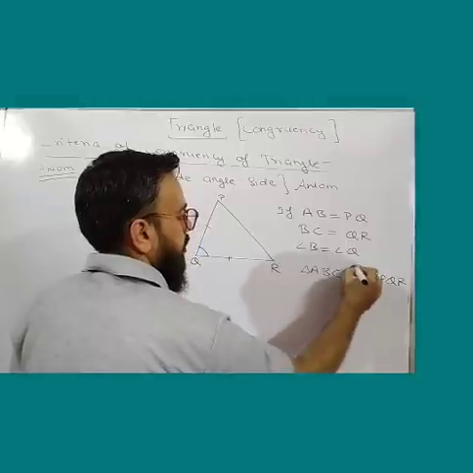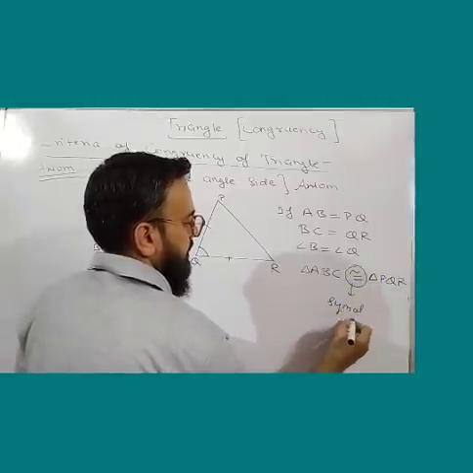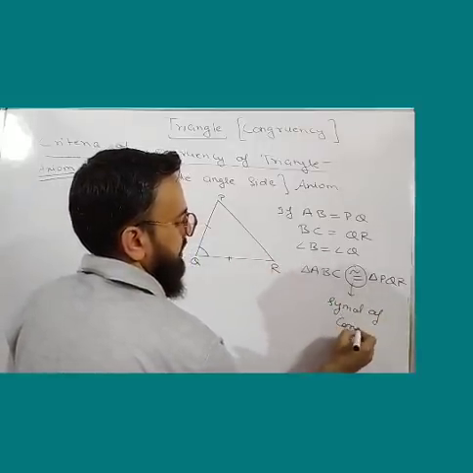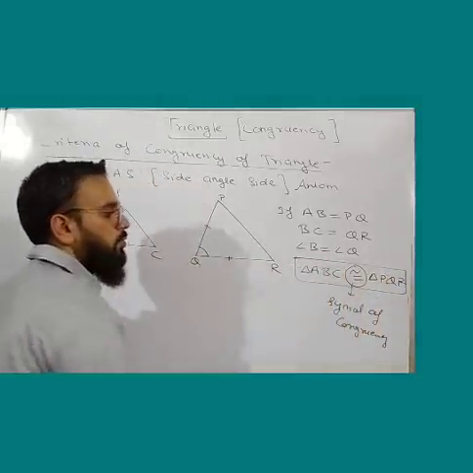This is the symbol of congruency, which you already know from your previous classes. You have studied this symbol in class 8th also. So triangle ABC will be congruent to triangle PQR.